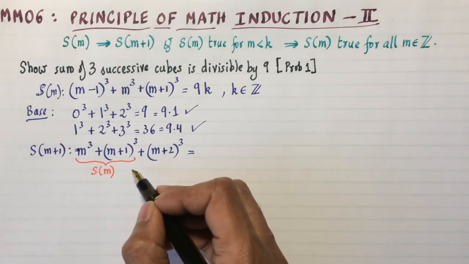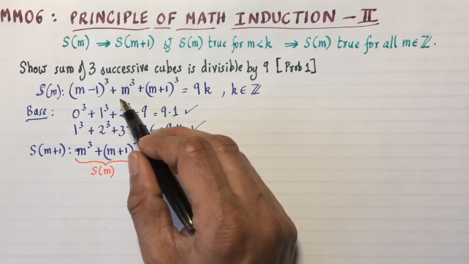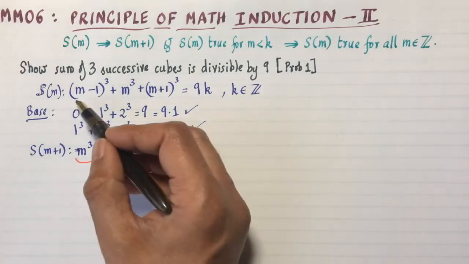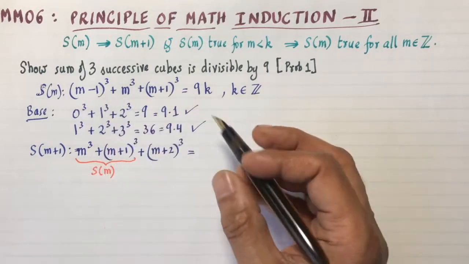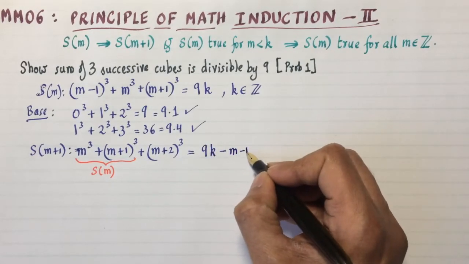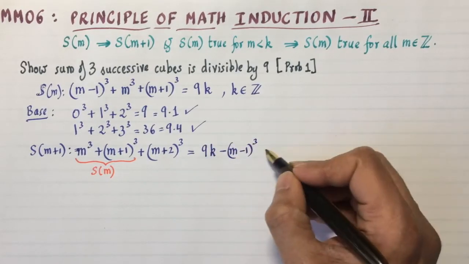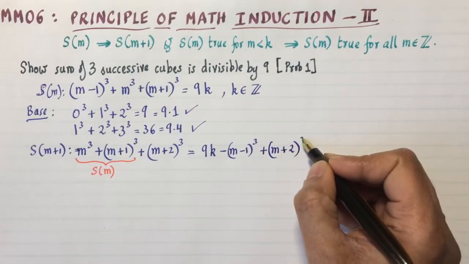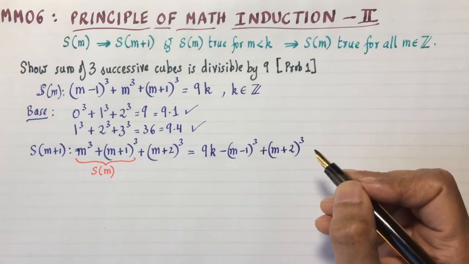So if I use S of m here, I can write m cubed plus m plus 1 cubed as 9k minus m minus 1 cubed. And then I still have m plus 2 cubed for the ride.